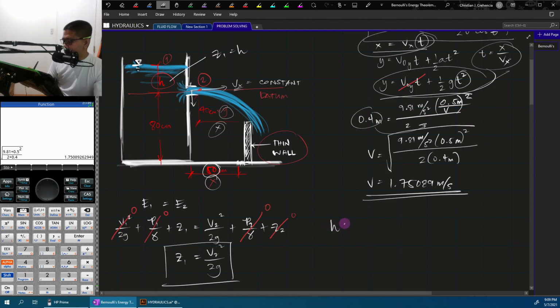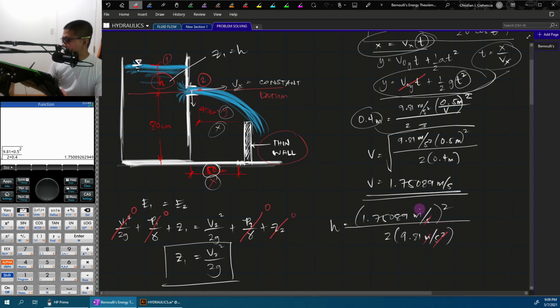So solving for H, this is equal to, we already have the velocity, 1.75089 meter per second, quantity squared over 2g, where g is 9.81 meter per second squared. We can see the meter and meter squared, so it cancels. Then the second squared also appears in the denominator, so we can cancel this.